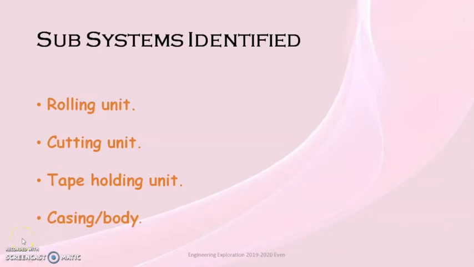Subsystems identified. For a particular product to be manufactured, firstly all the subsystems should be identified and later assembled together. For our project, the automatic tape dispenser, the identified subsystems are rolling unit, cutting unit, taping unit, tape holding unit, and casing.